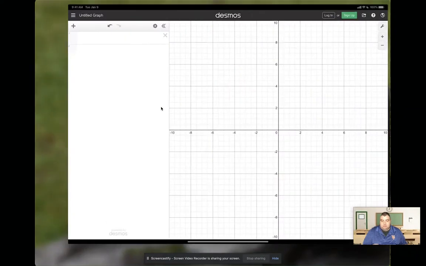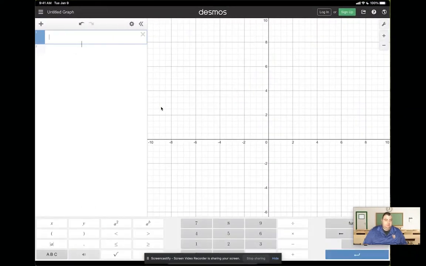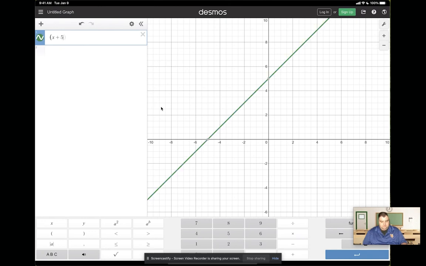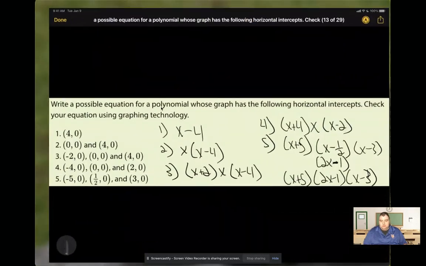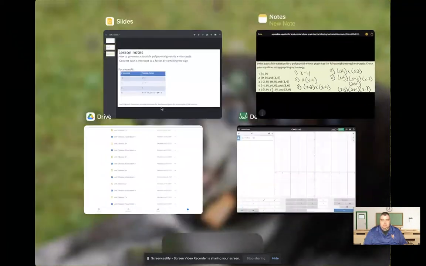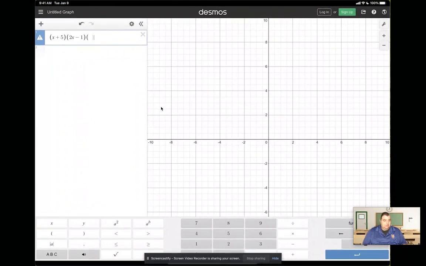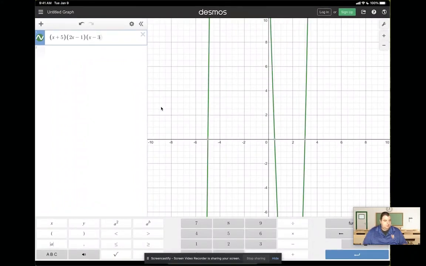So x plus 5, 2x minus 1, and x minus 3. Okay, here's our graph.